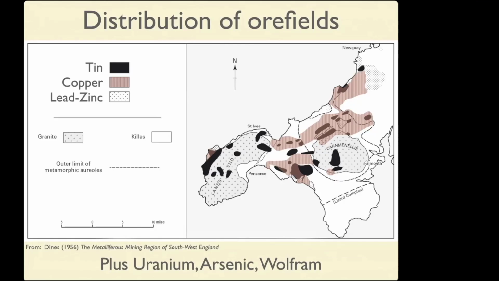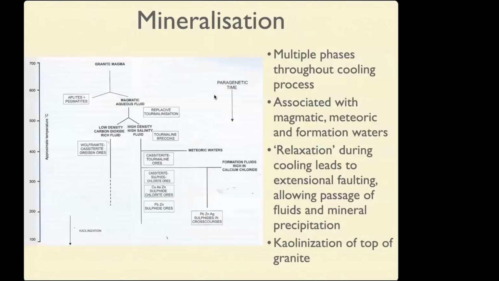I'll show you on this. So this is temperature. 700 degrees up here, granite is a magma at that temperature. Down here is 100 degrees, so finally you get water instead of whatever else it is up here. But what you get up at these sorts of temperatures is aqueous fluids, magmatic aqueous fluids. You get tourmalinization.